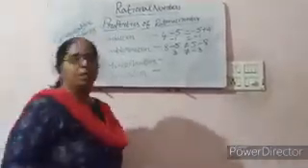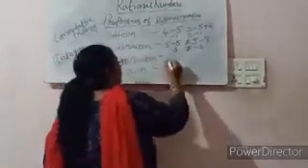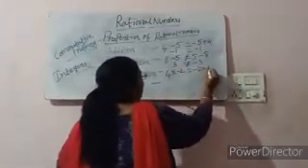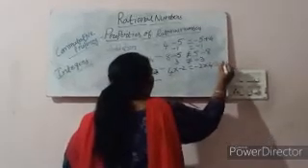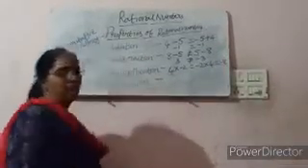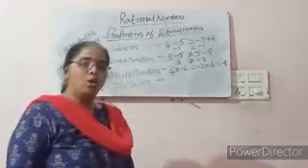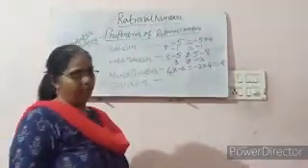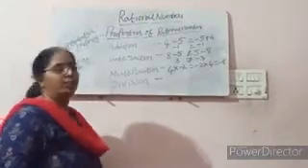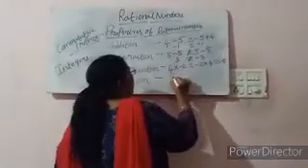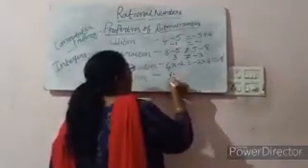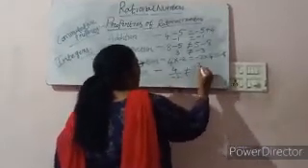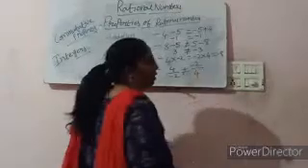Coming to multiplication. 4 into minus 2 is equal to minus 2 into 4. The value is equal to minus 8. So multiplication also holds good in the commutative property of integers. Coming to division. 4 divided by minus 2 is not equal to minus 2 divided by 4.